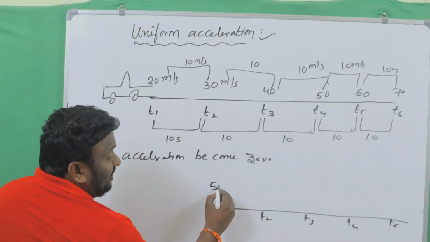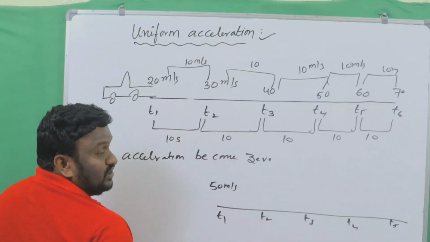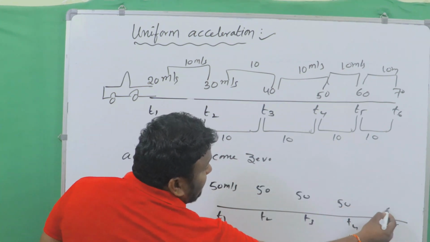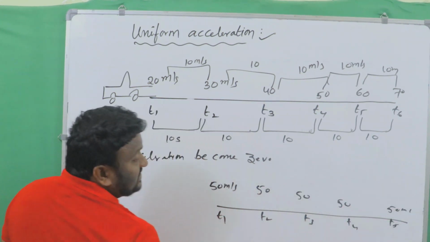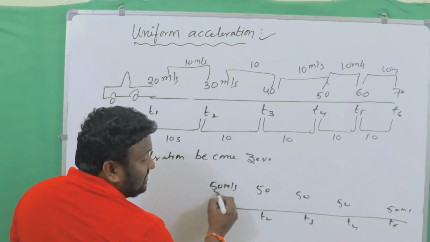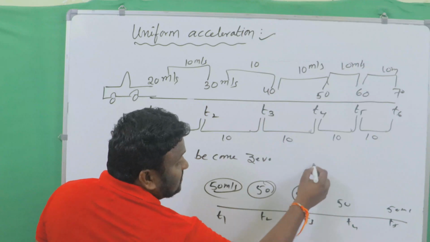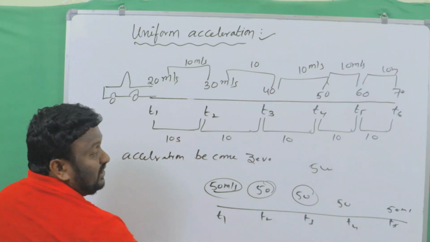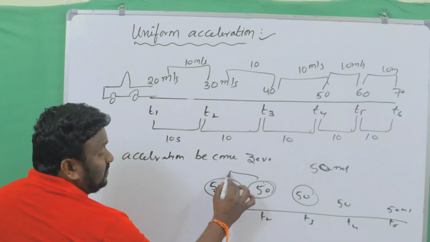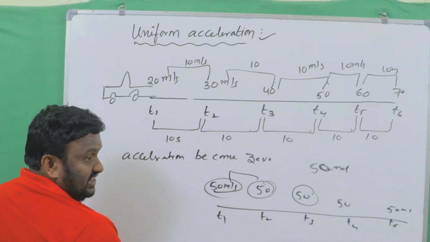At every time the body has the same magnitude of velocity: 50 meters per second, 50 meters per second, 50 meters per second, again 50 meters per second. Then obviously what you observe here is 50 minus 50, yes, 0.